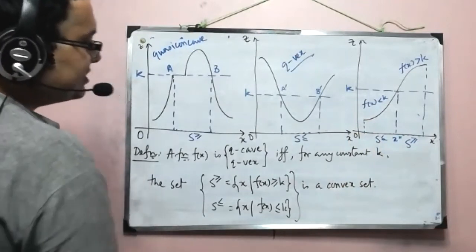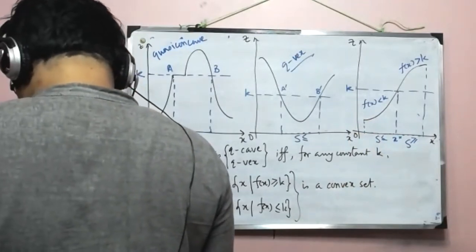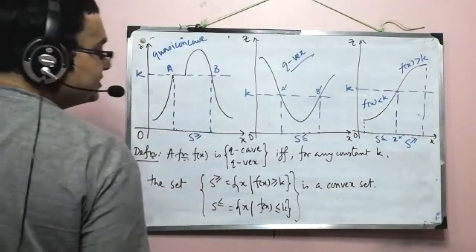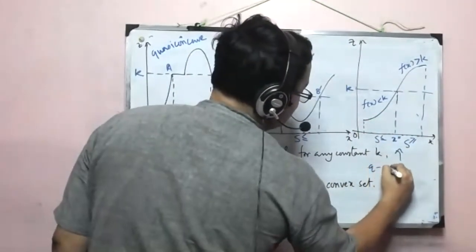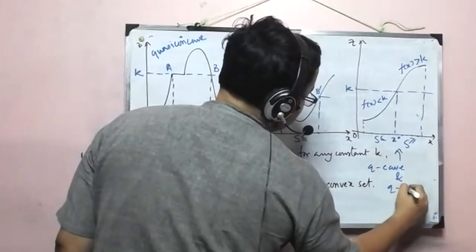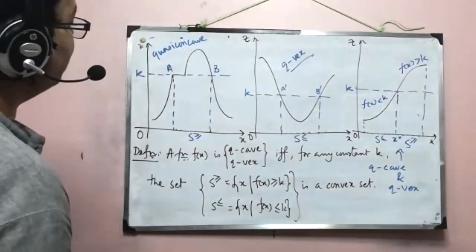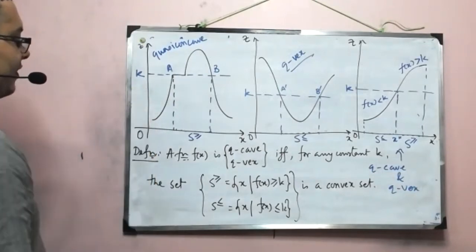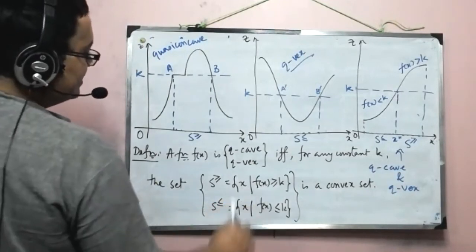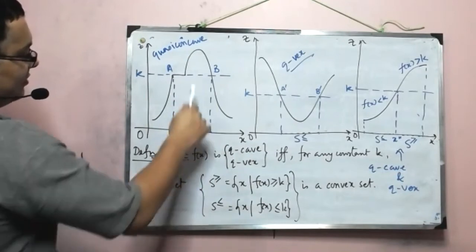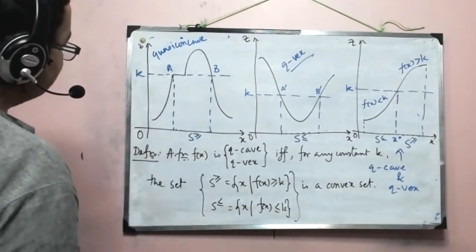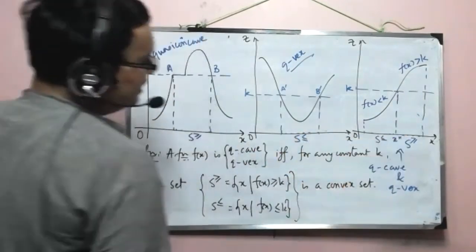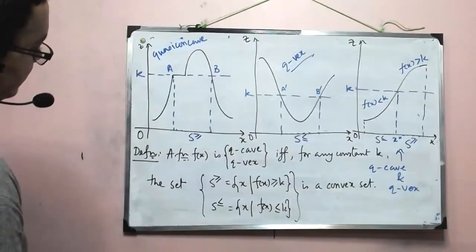So this function is both quasi-concave and quasi-convex. So let's look at the condition again. First, my task is to fix a k. Then I'll look for f(x) greater than or equal to k and f(x) less than or equal to k.